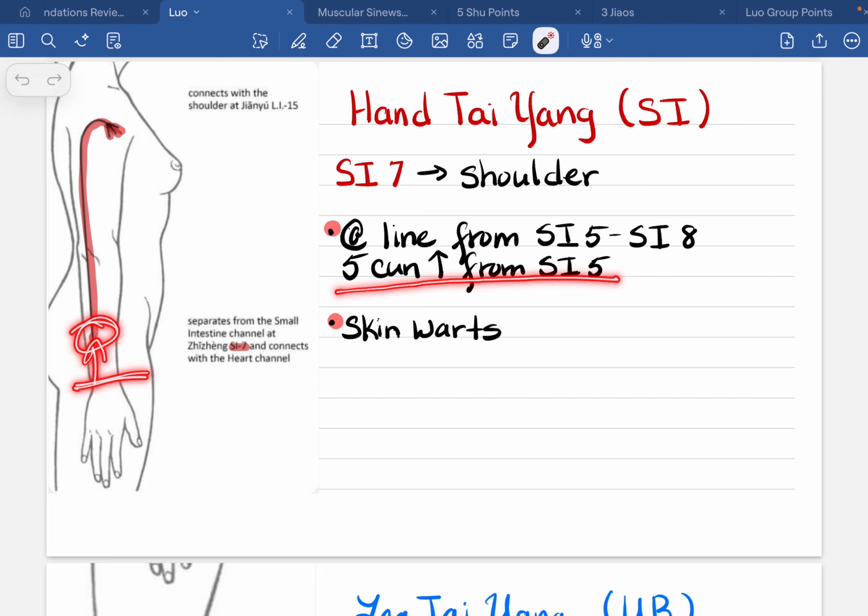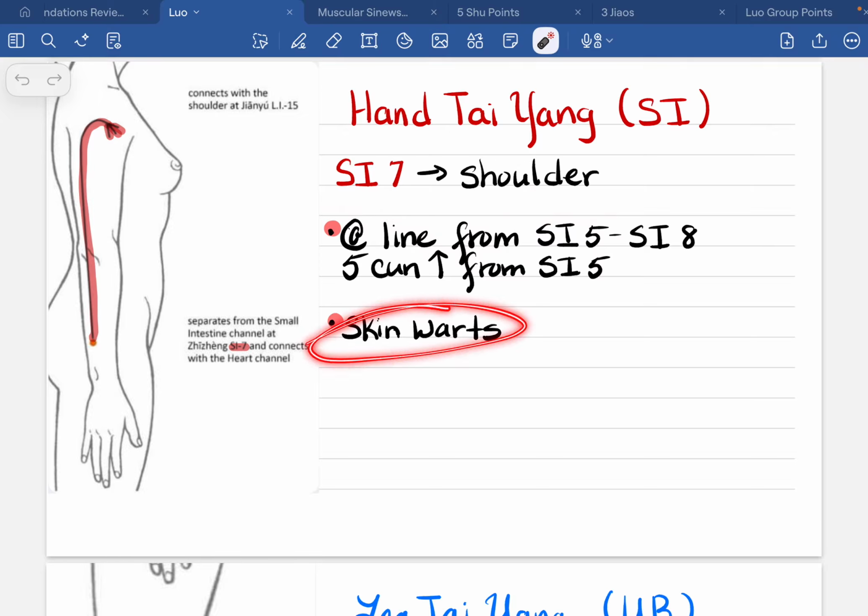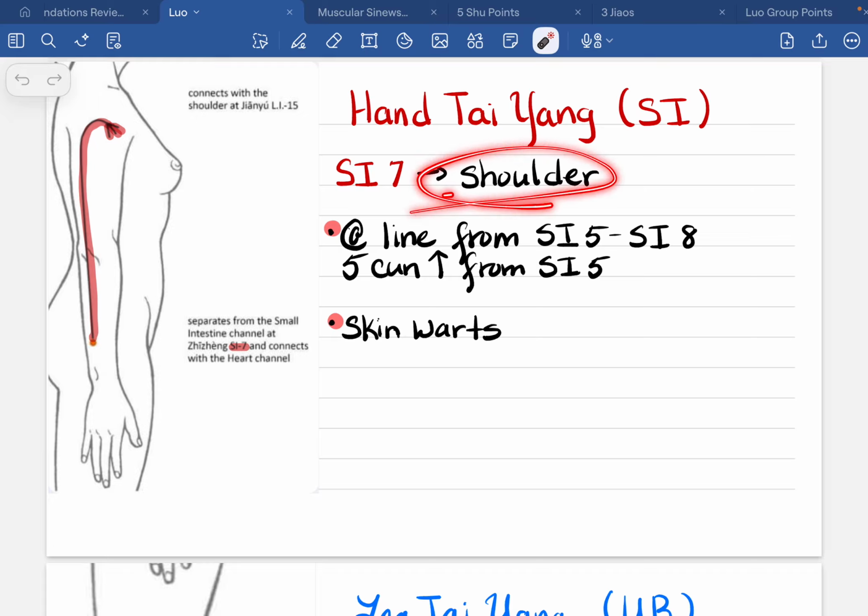And that's where SI7 is. Like I said before, usually it addresses the condition depending on where the trajectory goes for the Luo points. Here it addresses skin warts, although it goes to the shoulders.